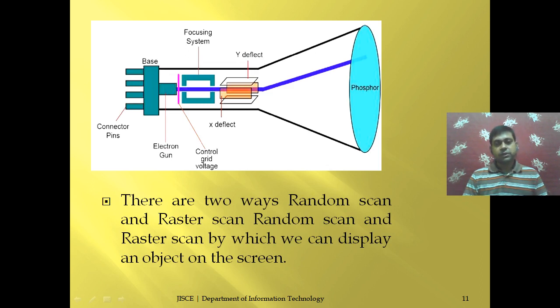Now look at this particular CRT. Here this is the connector pin, then the base which is holding the electron gun, which is a very important part. The next part is the control grid voltage.